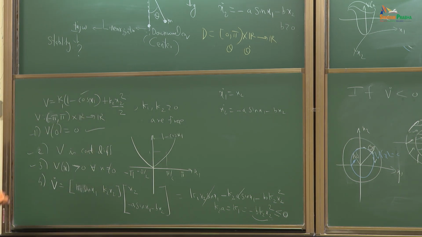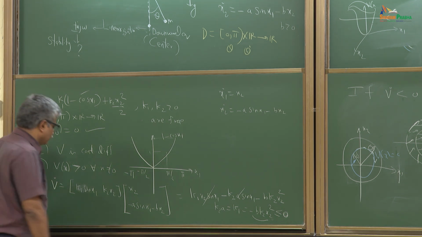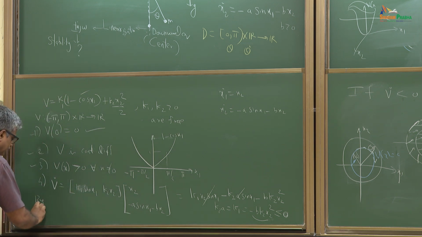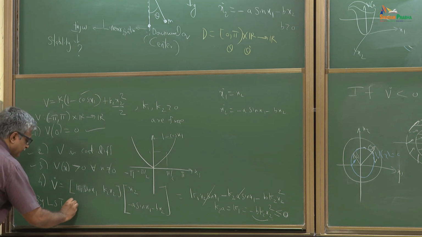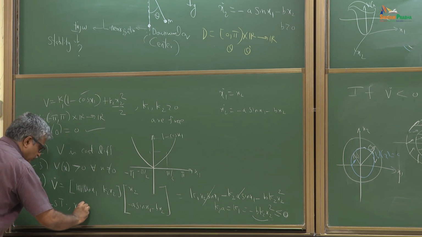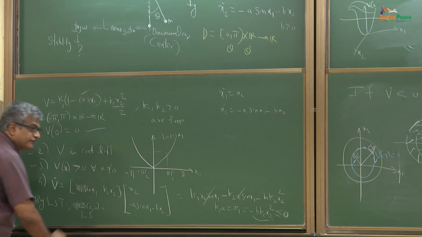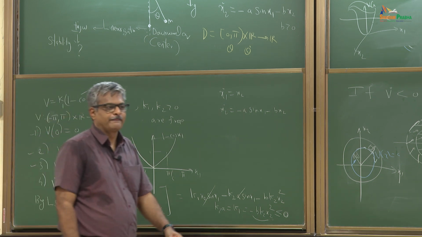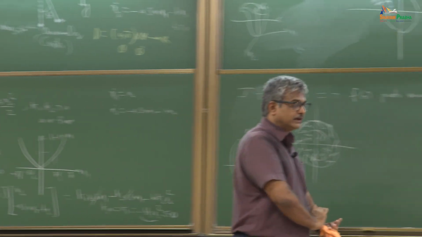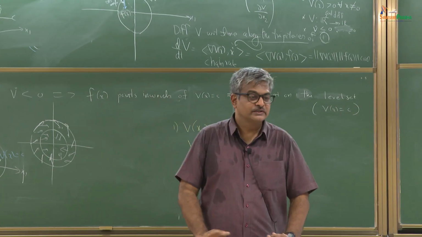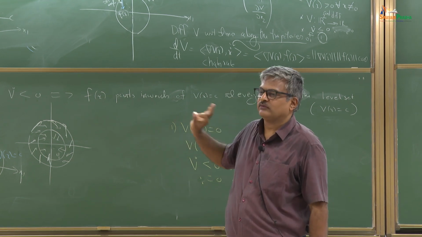So you have a V dot which is negative semi-definite, and by Lyapunov stability theorem, the origin x equal to 0 is Lyapunov stable. So we have a complete analytical stability solution now using the Lyapunov function.